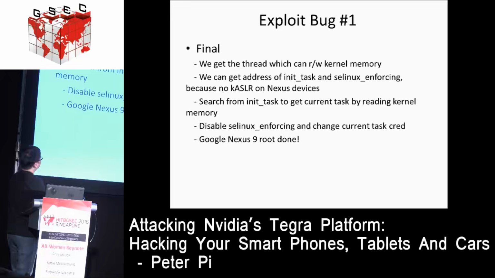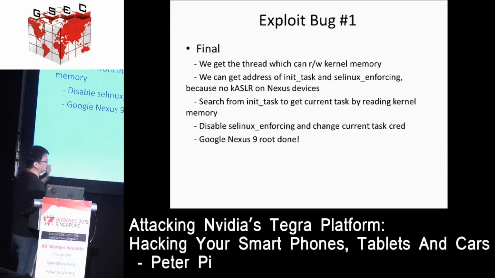We can get the address of init task and SELinux enforcing by analyzing the kernel image, because there is no ASLR on Nexus devices. I search from init task, because every task is linked into the init task.